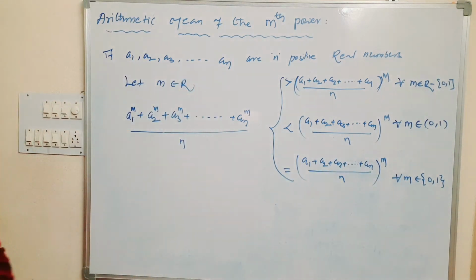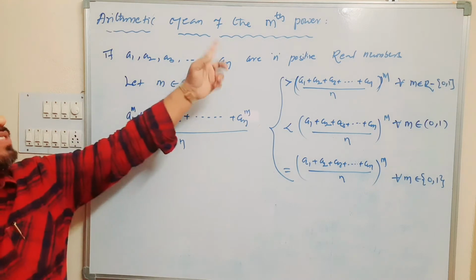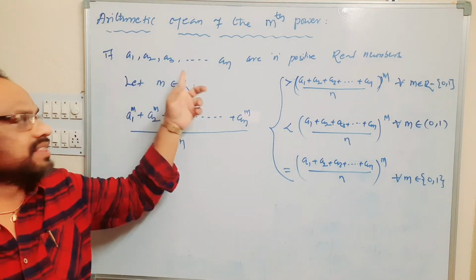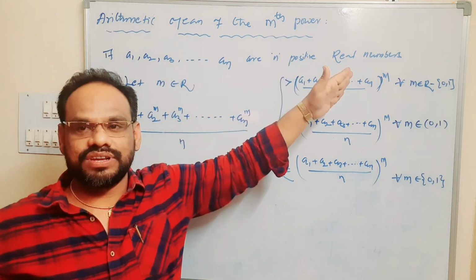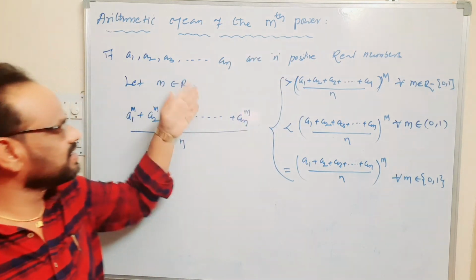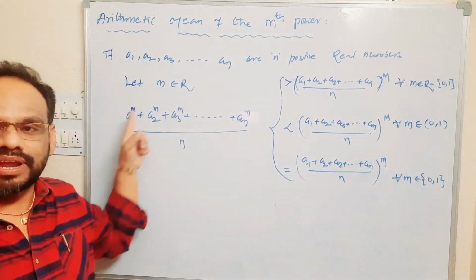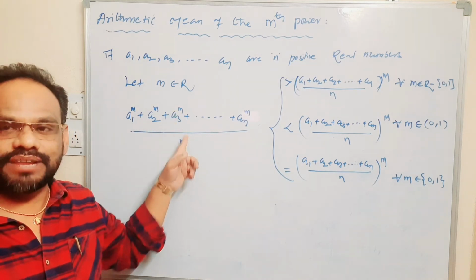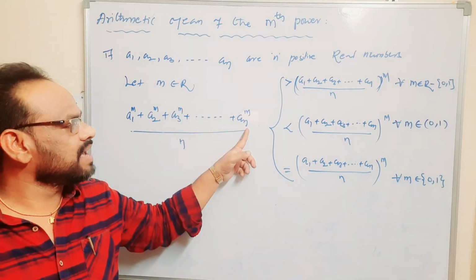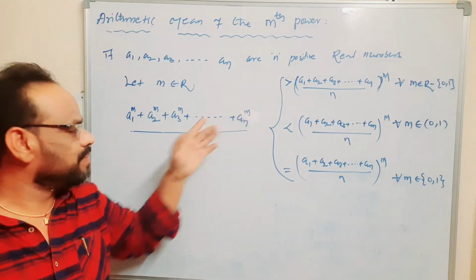Observe here, the arithmetic mean of the mth power. If a1, a2, a3 and so on an are n positive real numbers, and m is any real number, then the arithmetic mean of the given numbers is a1 power m plus a2 power m plus a3 power m plus and so on plus an power m, by n.